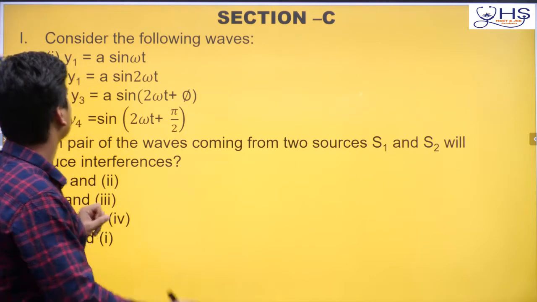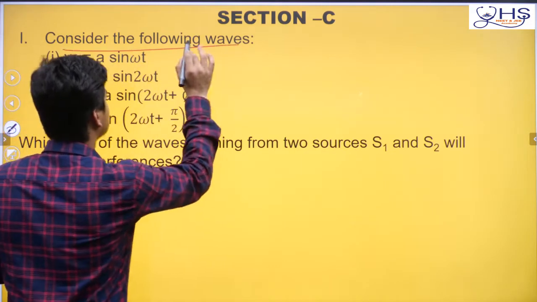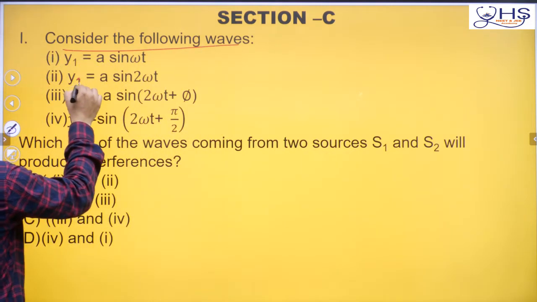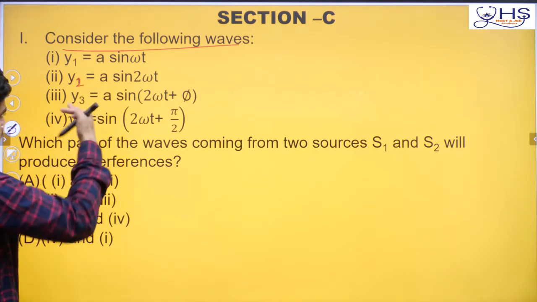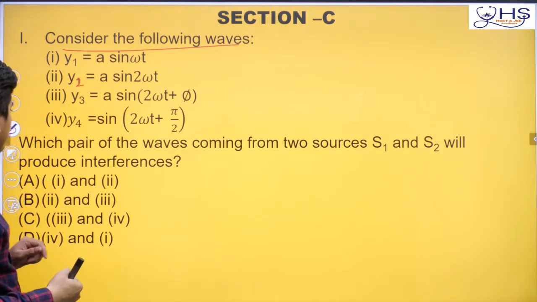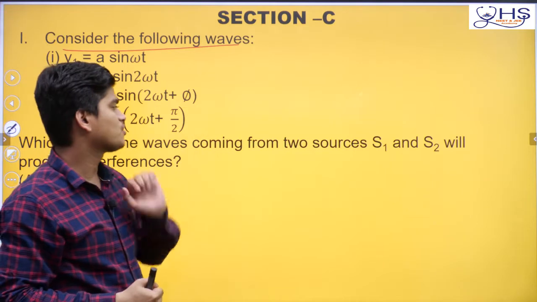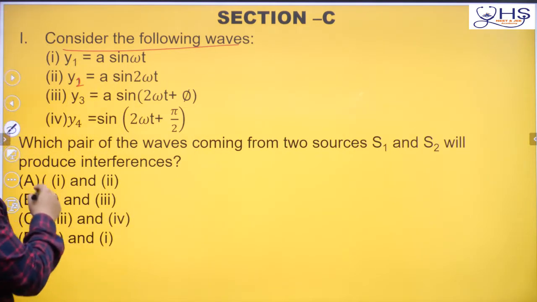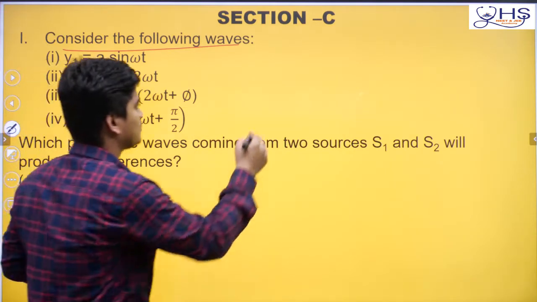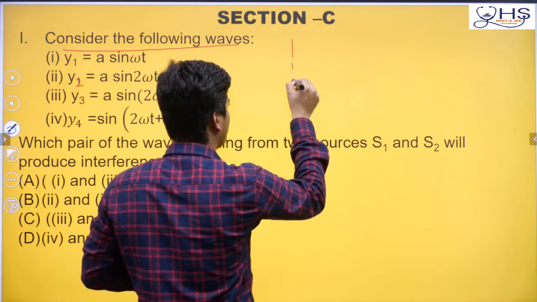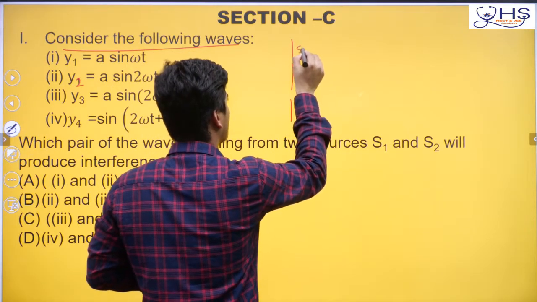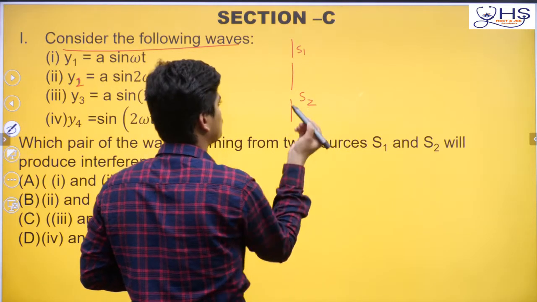I will try to solve the questions here. They are telling us to consider the following waves y1, y2, y3, y4. Some equations are given, and they ask which pair of the waves coming from the sources S1, S2 will produce an interference pattern. Listen, in the YDS experiment you have two sources, S1 and S2.